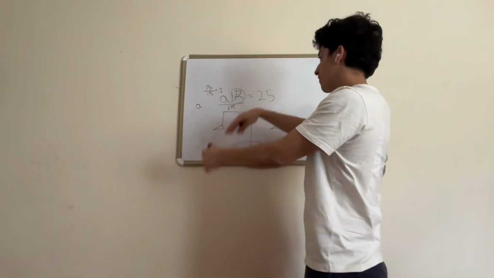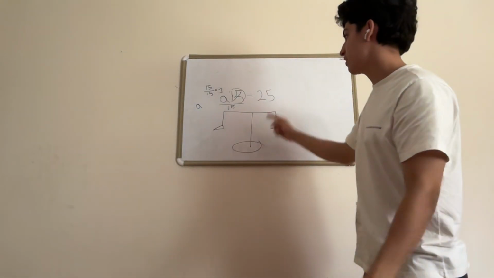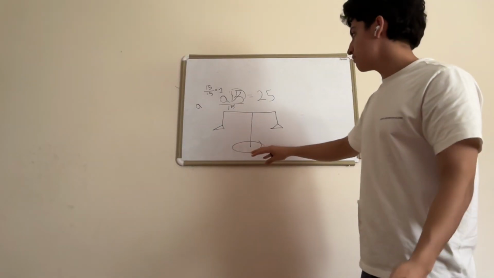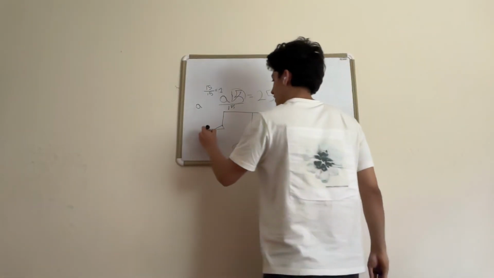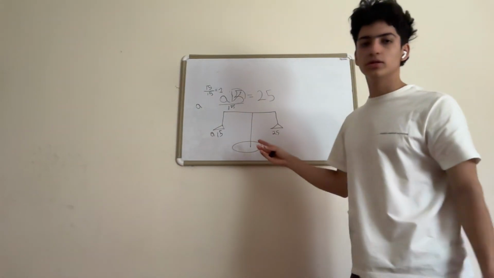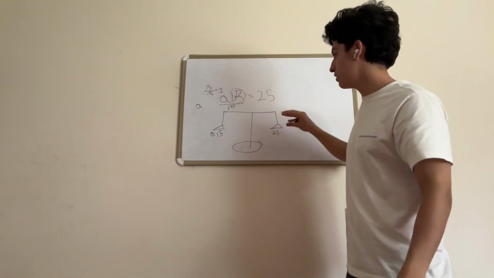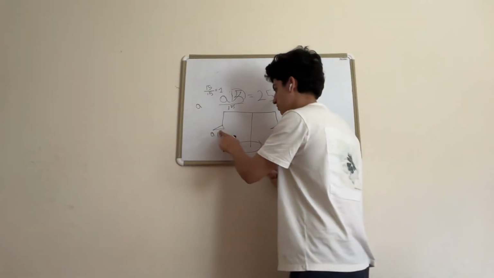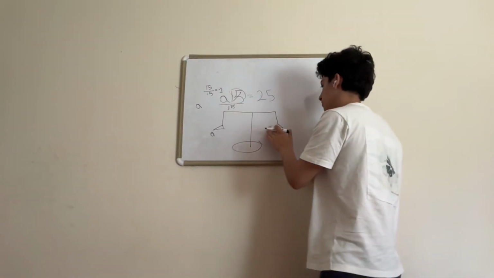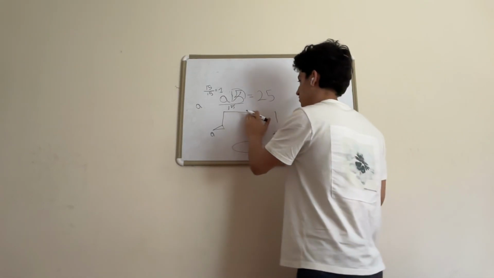So in this case we do that, but here's the thing. We do that same thing on the other side, because back to our balance, basically we have A15 here and we have 25 here. We want to do the same thing that we did here in here, because if we get rid of this and we leave this as it is, then our balance is not going to be balanced.